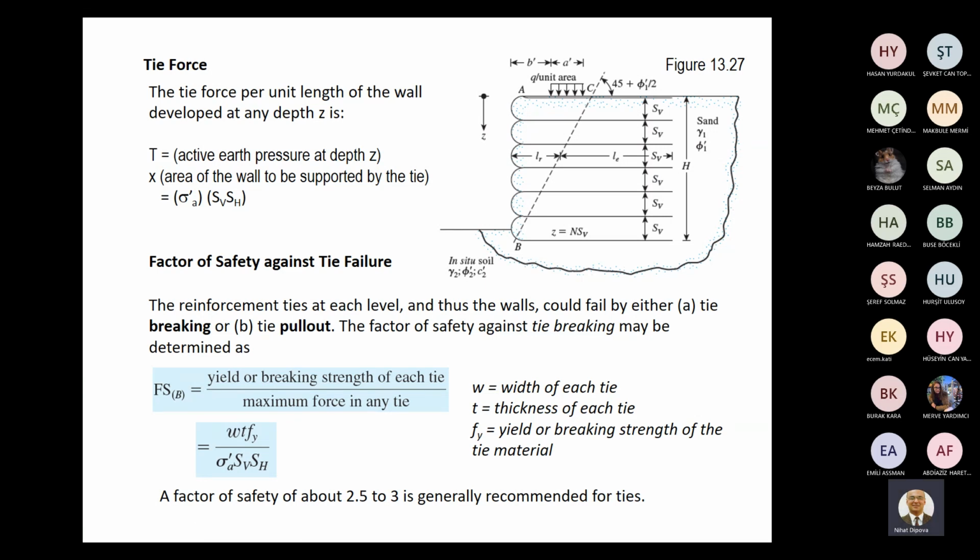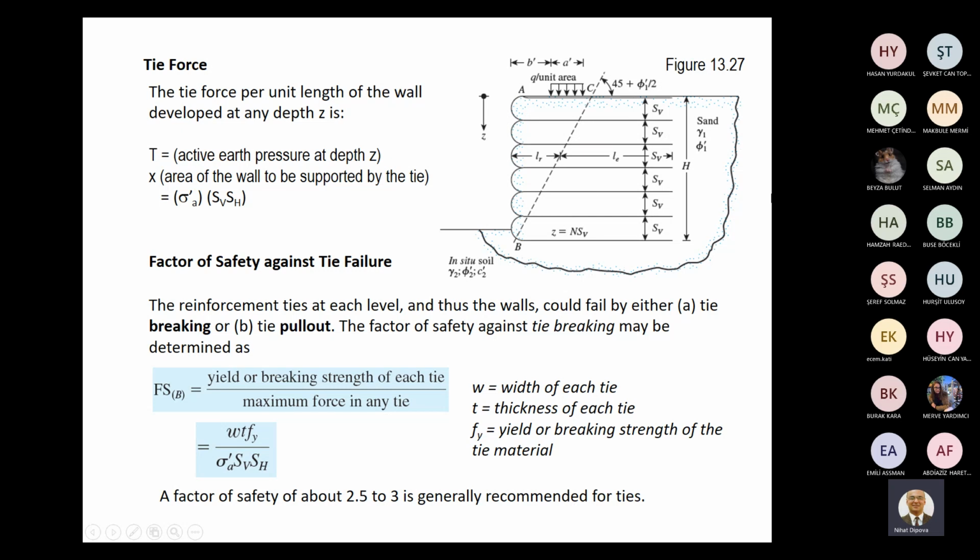The reinforcement ties at each level, and thus the walls would fail by either a tie breaking or tie pull out. Tie breaking or tie pull out.